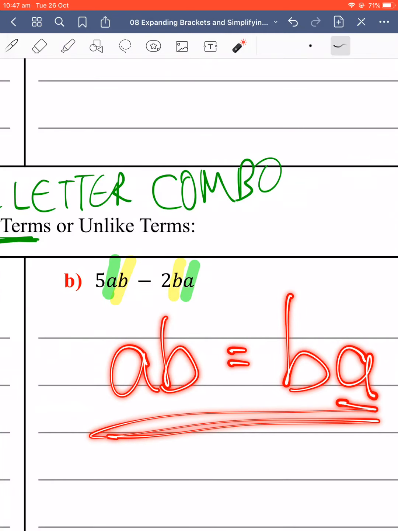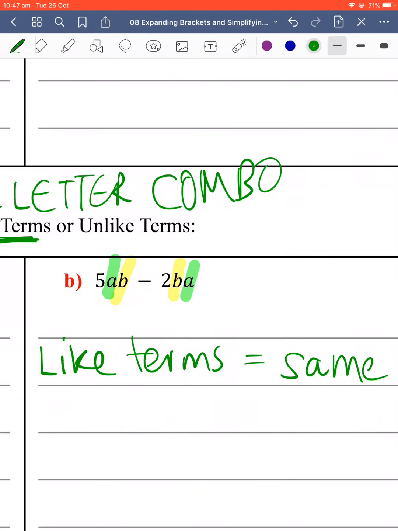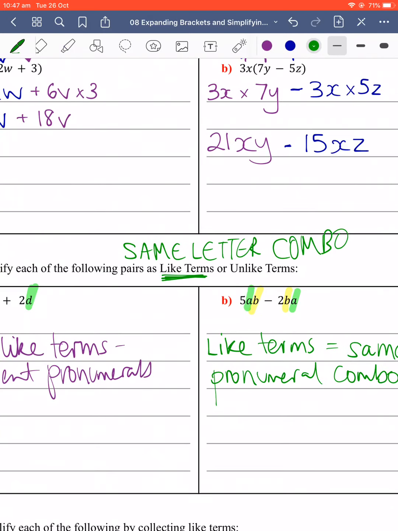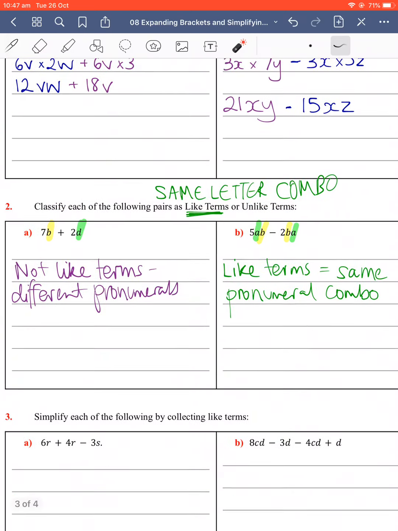They're still the same, okay? So these are actually like terms, because, again, they have the same letter or the same pronumeral combo. So that means for these, I can add or subtract from this. I can't do anything else with this at this point.